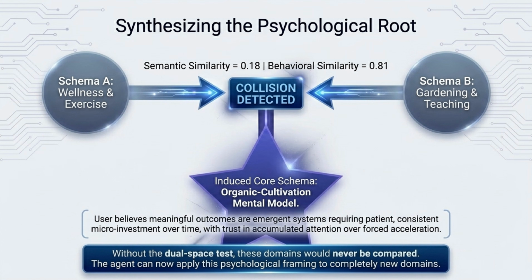The AI then induces a core schema, an organic cultivation mental model. It realizes the user deeply believes that meaningful outcomes require patient, consistent micro-investment over time. Without the dual space test, these two domains would never be connected. Now, the agent can apply this profound psychological framing to completely new areas of the user's life.